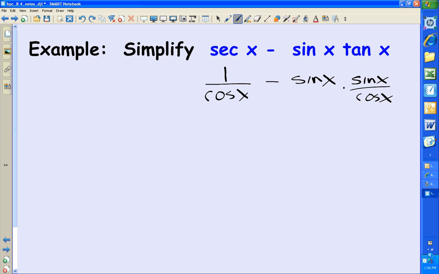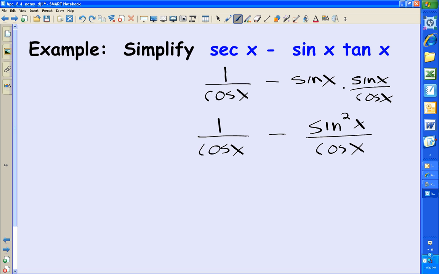So 1 over cos x minus, what's sine x times sine x over cos x? Sine squared x over cos x. You don't put the squared on the x. You put it in between the x and the function. Otherwise, it looks like you're squaring the angle. We don't want it to look that way.